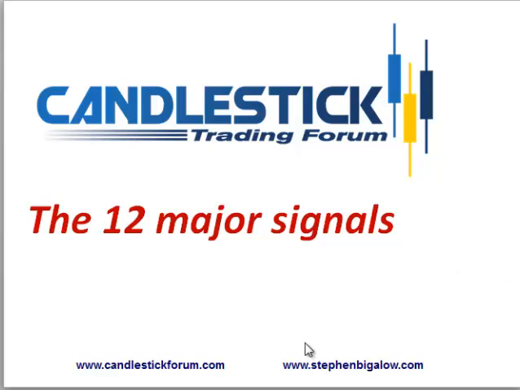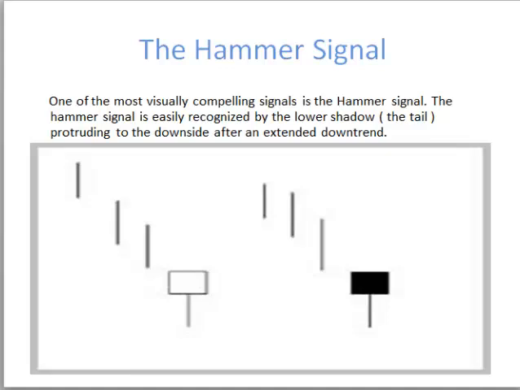Today's trading is going to be involving the candlestick signal, the hammer. This is one of the 12 major signals, and it's got very simple applications. As you may have seen in some of the other training programs, there's only one formula that you have to know in candlestick analysis, and that's the number 2.